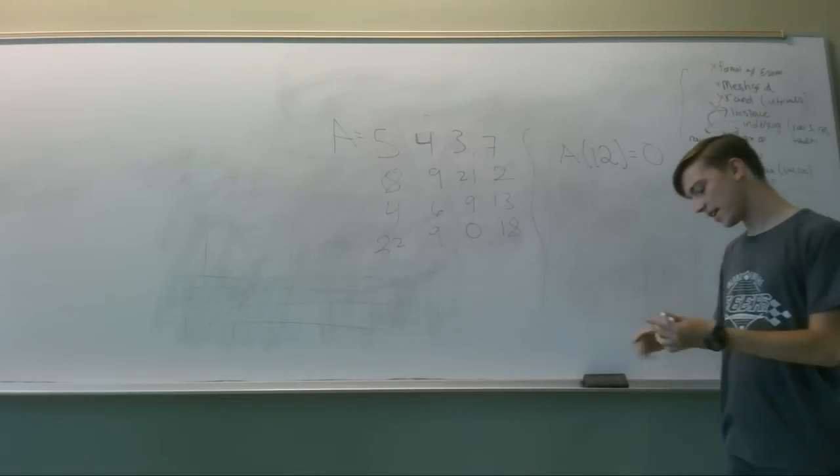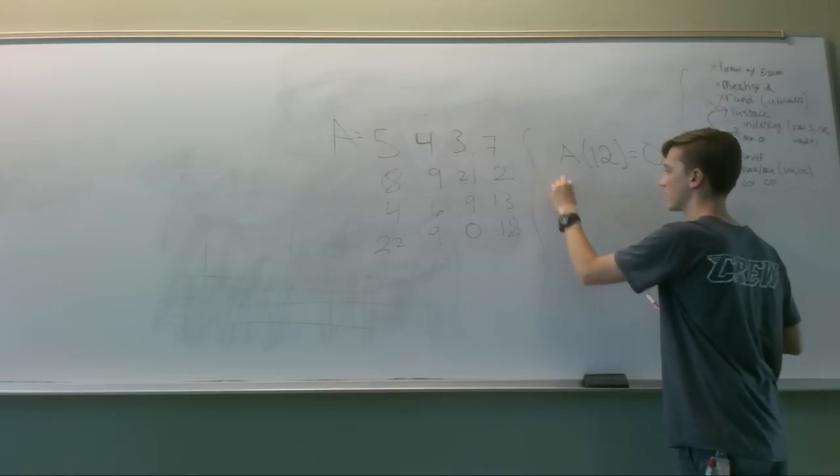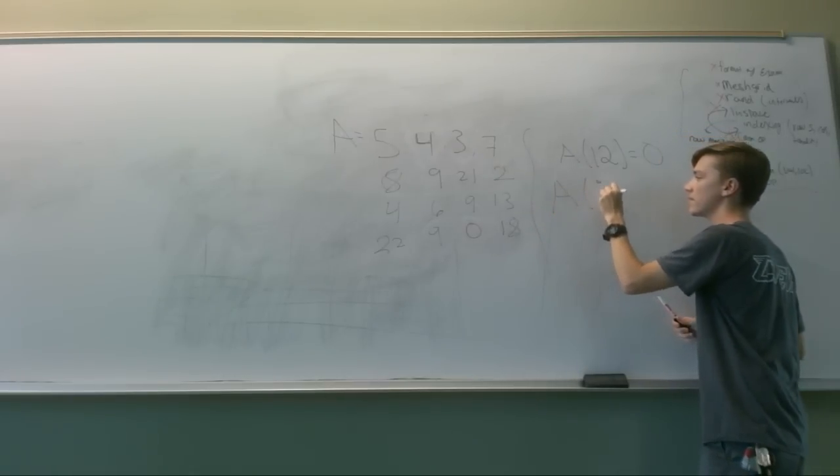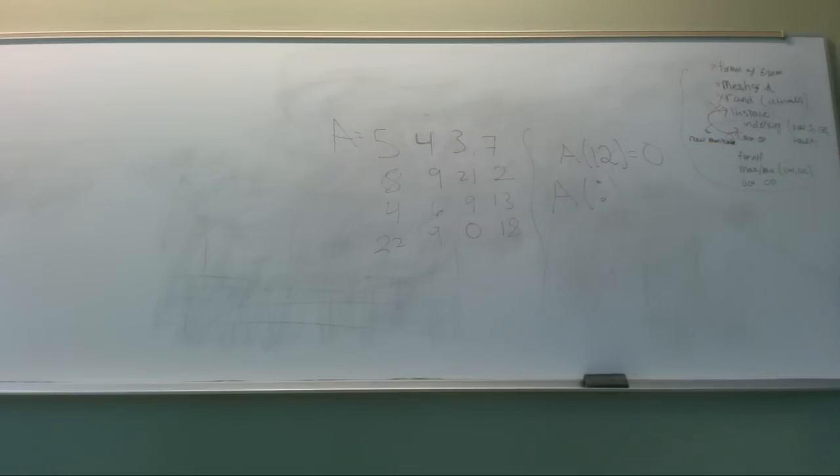Now let's say I do this. What does this do? That's the same thing. It's all of the values. Okay, but what does it do? It does something we haven't talked about yet. If you do A of colon, and you already have a matrix A that exists... it gives you A in one column.